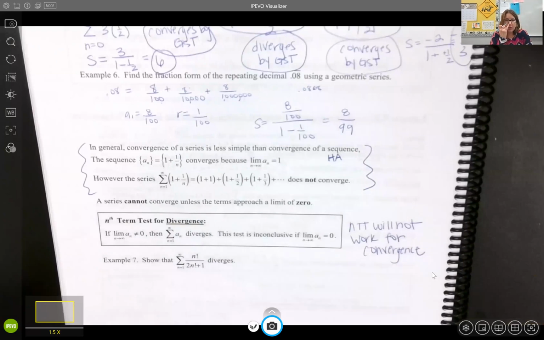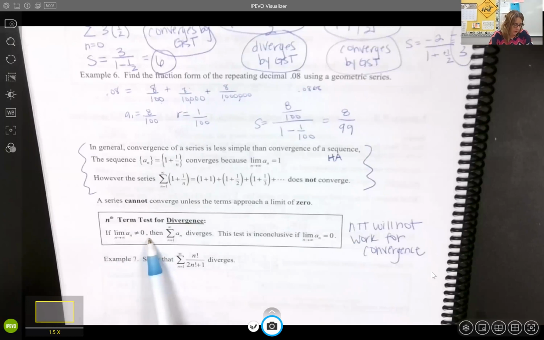The nth term is like if I went on forever and ever, the nth term is your last term, basically. So if you're doing the nth term test for divergence, all you have to prove is that the limit is not 0. If the limit of a_n is not 0, then it will diverge.